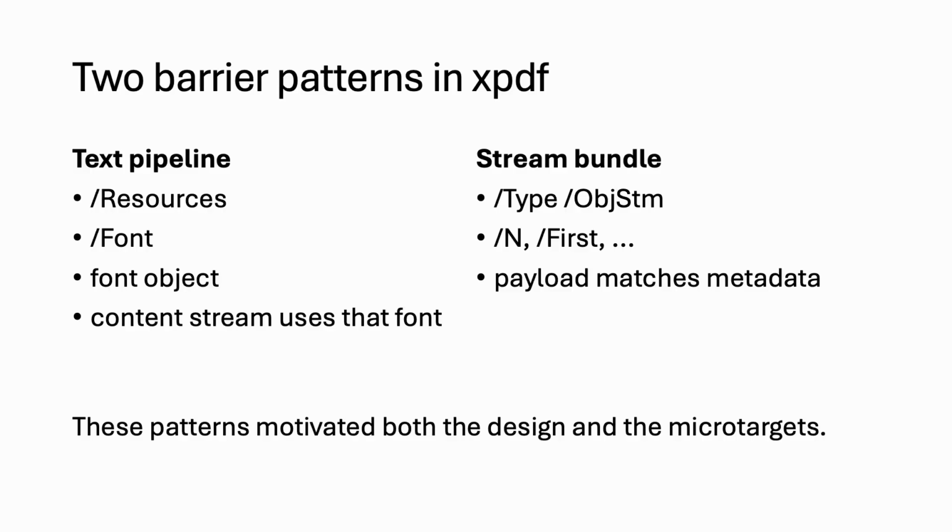So these are really the two patterns that motivated the design, and in the hopes that it would help me get better coverage on XPDF, I made these their own micro benchmarks, or micro targets, and I tried to show in the evaluation eventually that the strategy achieves higher edge coverage on these two micro benchmarks.